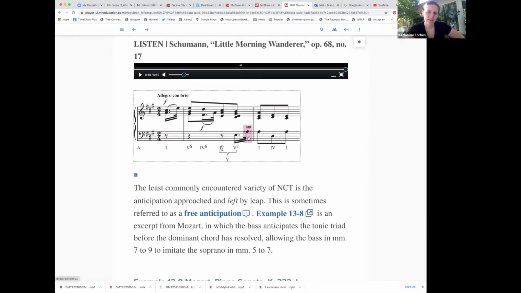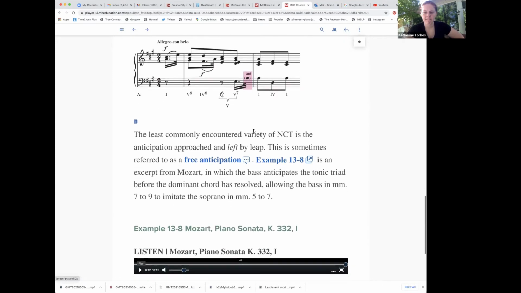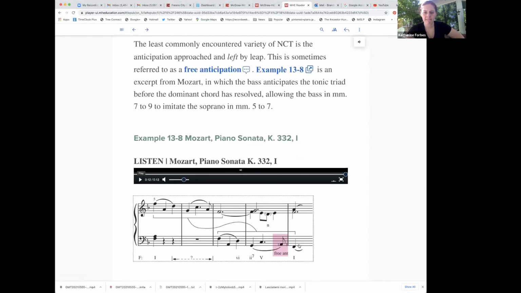It's got to go to the same note, right? But this one is different in that it outlines a triad. Why is it called free anticipation? I don't know.